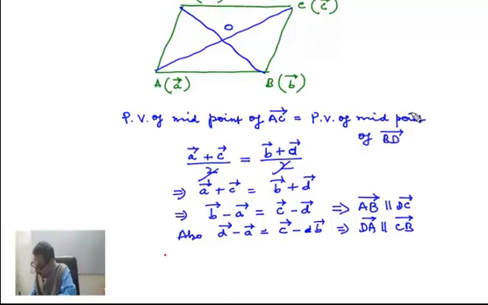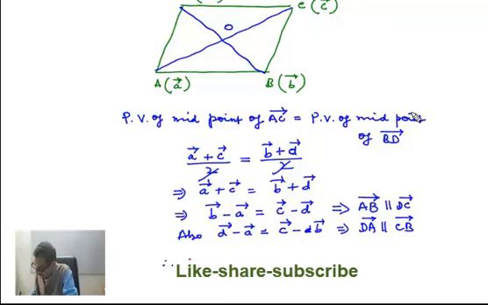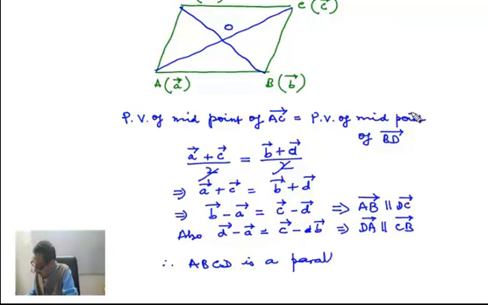So therefore, since opposite sides of the quadrilateral are parallel, therefore ABCD is a parallelogram. Hence proved.